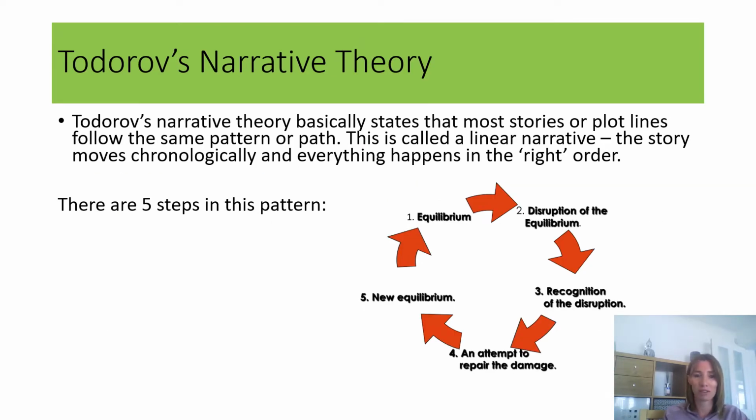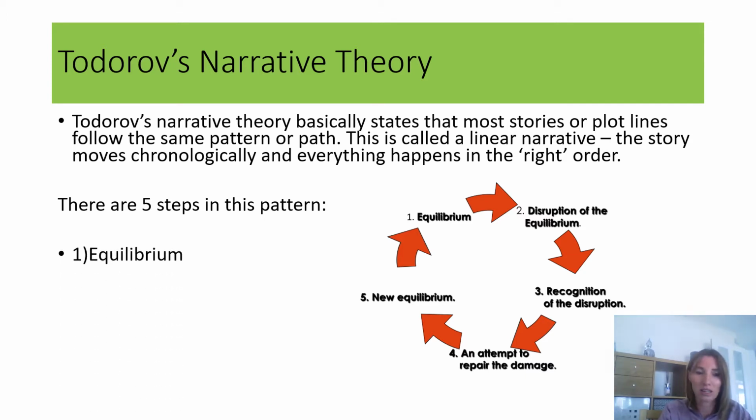When we look at narrative then, we look at a theorist, and his name is Todorov. His theory basically states that most stories or plot lines follow the same pattern or path. He believes they're called a linear narrative. The story moves chronologically and everything happens in the right order. So on your screen you'll see that there's this little diagram here, and he believes that there's 5 steps in this pattern.